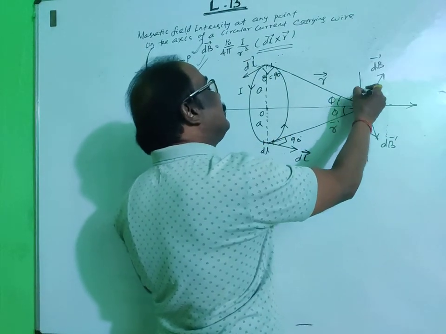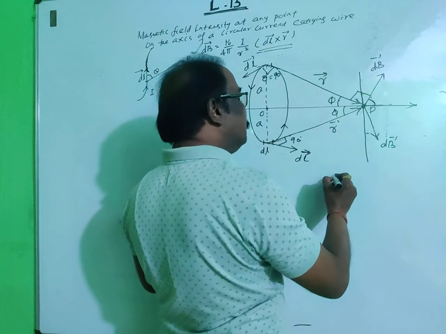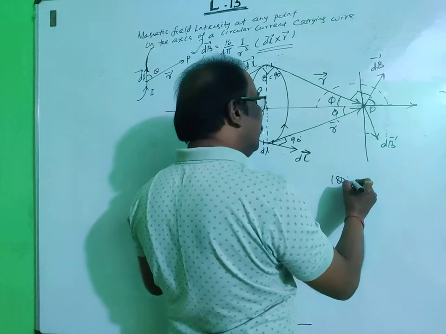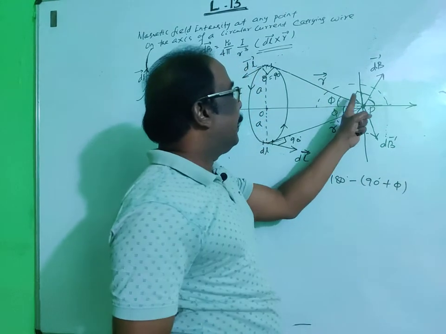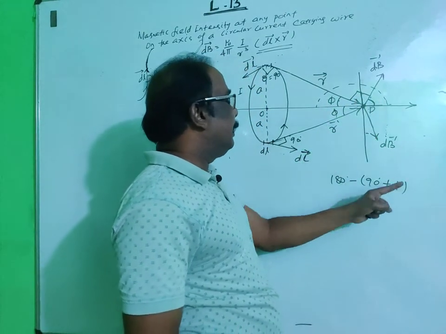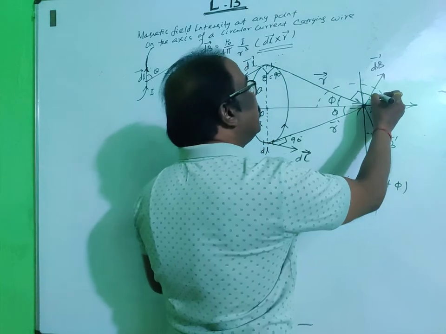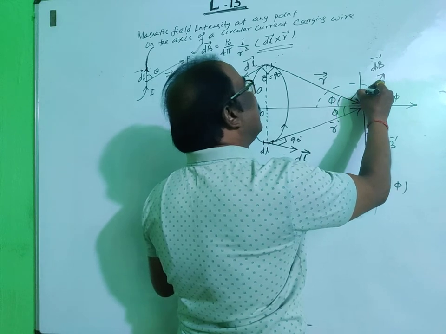This angle is phi, this angle is 90. Then what is this angle? The total angle is 180 degrees, so 180 minus (90 plus phi). The rest of the angle is 90 minus phi. So this angle is 90 minus phi. What about this angle?